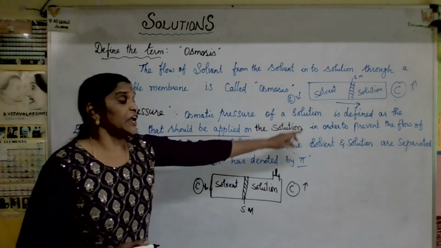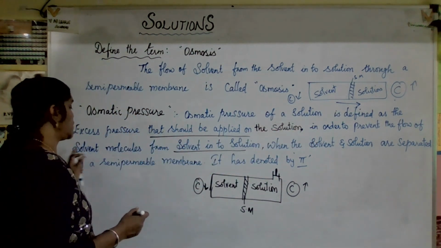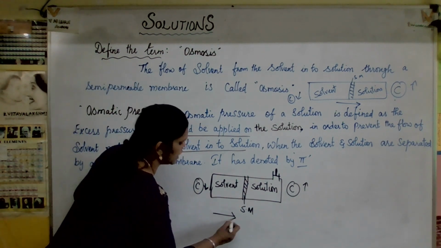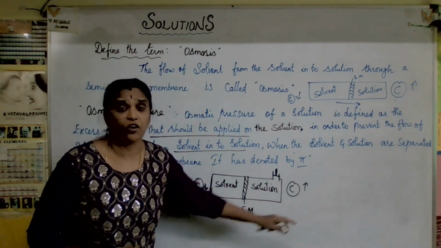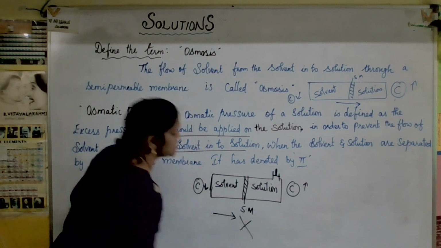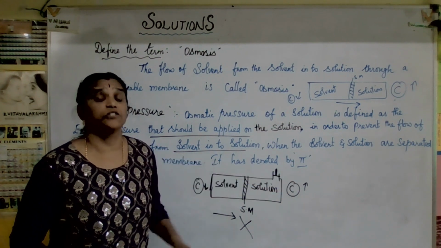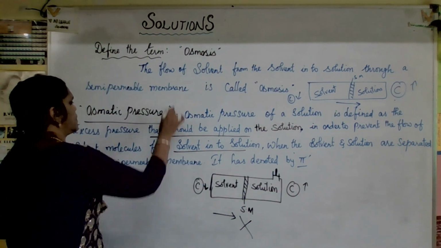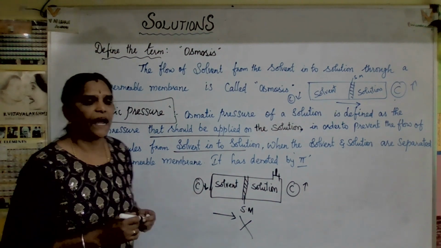Generally, molecules flow from lower concentration to higher concentration, so to avoid this we give excess pressure. That excess pressure is called osmotic pressure. Hope you got a better idea.